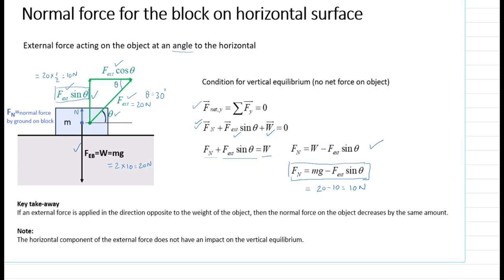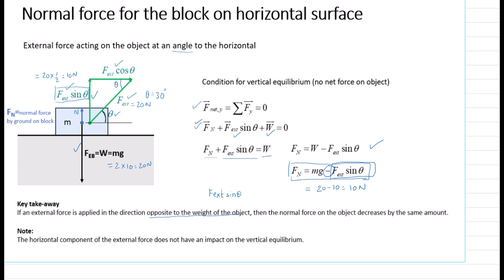That's the normal force by the ground on the object. So the key takeaway from here is, if there is an external force applied in the direction opposite to the weight of the object, and in our case that component is F ext sine theta, then the normal force on the object decreases. It decreases by the same amount.